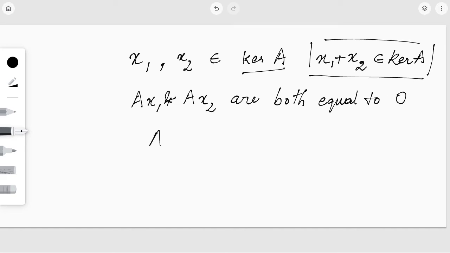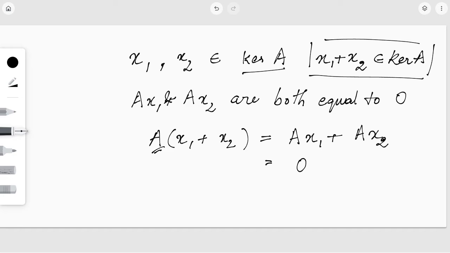Now, what is A(x1 + x2)? This is equal to A(x1) + A(x2). Why? Because A is a linear map. Now what is A(x1)? A(x1) is 0 and A(x2) is again 0. So we get A(x1 + x2) is 0.